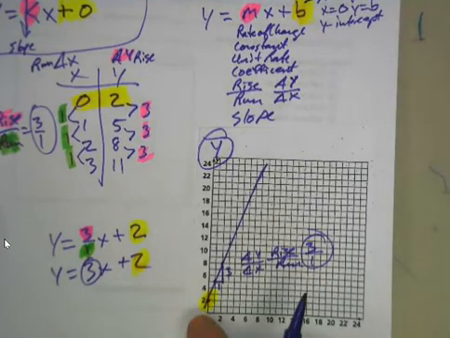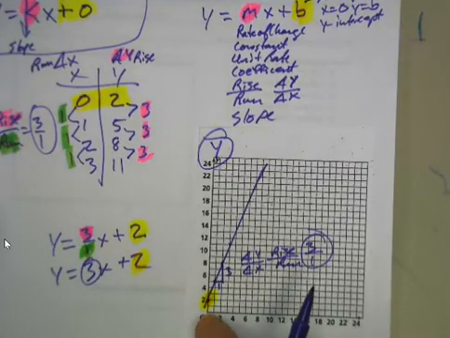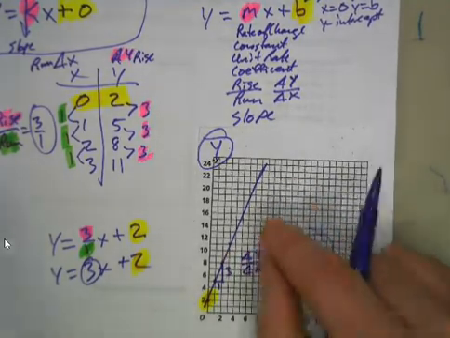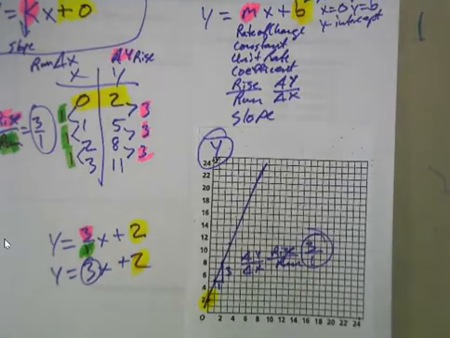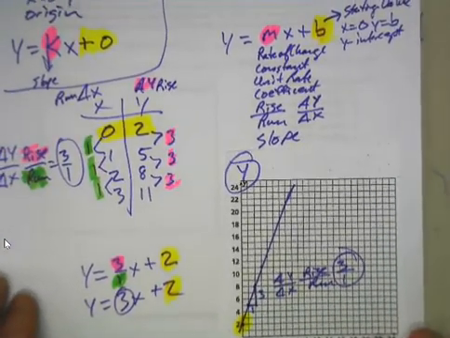However, if your line starts or crosses the y-axis somewhere other than 0, it is not a proportional relationship. It is still a linear relationship. And that's the difference between linear and proportional.